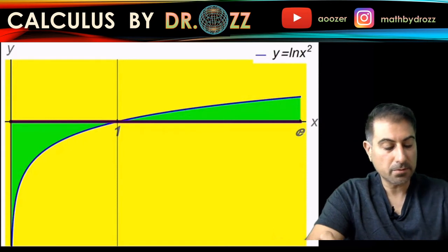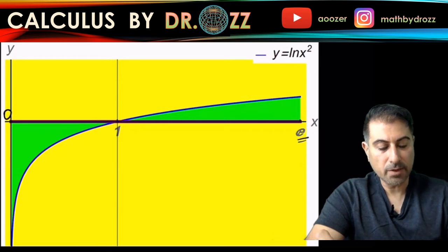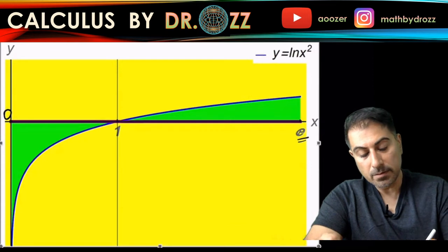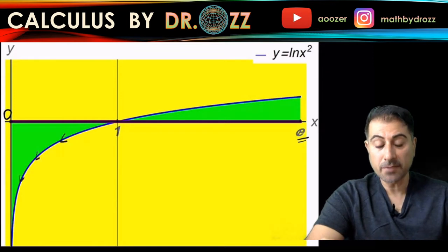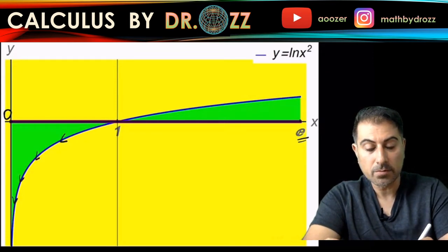At 1, obviously, ln 1 is 0, so we hit the x-axis, but going back in this direction, as you see, the values approach negative infinity. In fact, the y-axis is a vertical asymptote.